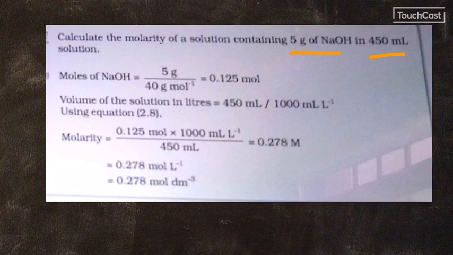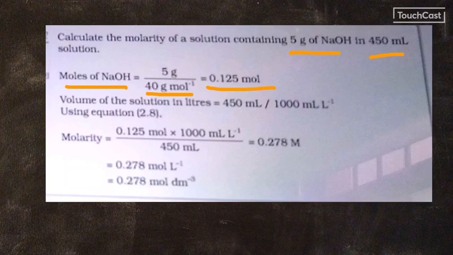So molarity is defined as the number of moles of solute by volume of solution in liters. So first we can find the number of moles of NaOH, that is the solute. 5 gram by 40 gram. 40 gram is the molar mass of NaOH. All of you know that. You got it as 0.125 moles.